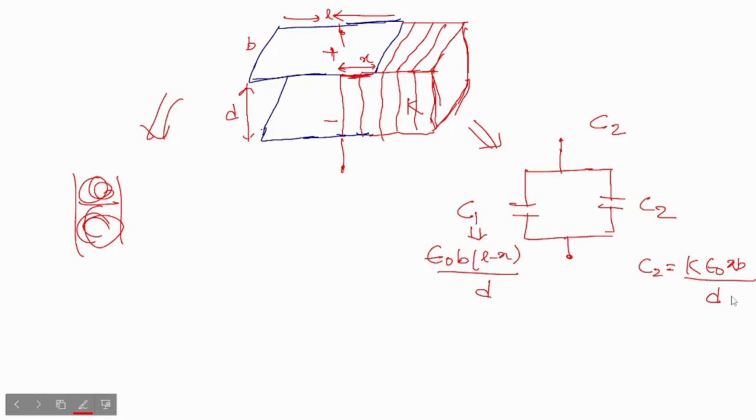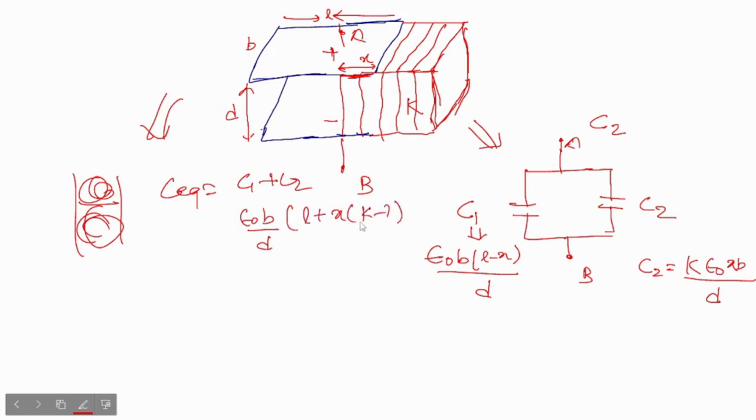So the equivalent capacitance between point a and point b will be c1 plus c2. That means epsilon naught b upon d into (l plus x(k minus 1)).